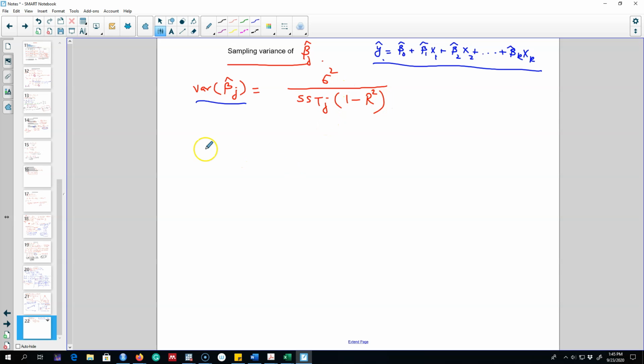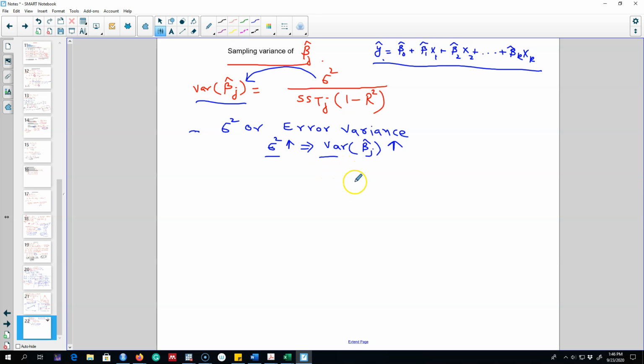What this formula is telling us is there are three components that go with the variance. The first is the error variance, sigma squared. This is positively related to the variance of beta j. It implies that as sigma squared goes up, the variance will be high. It means that there is more noise in our equation.